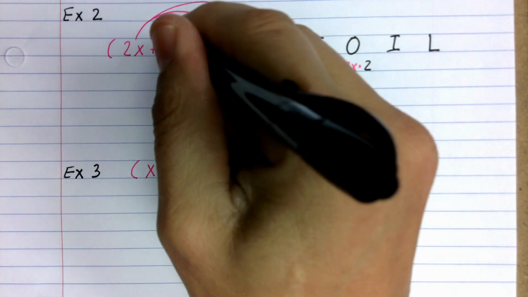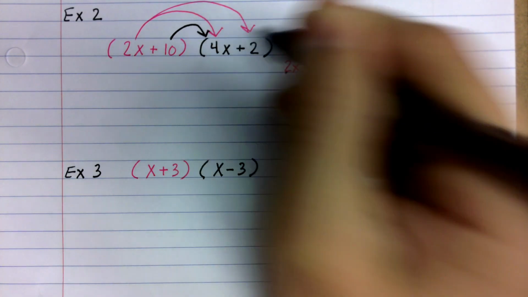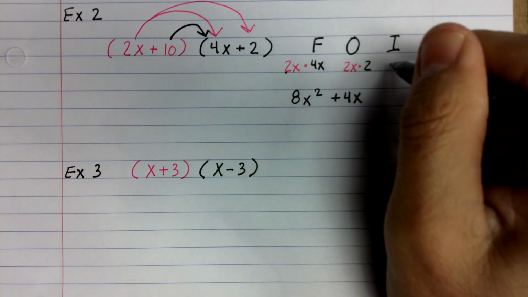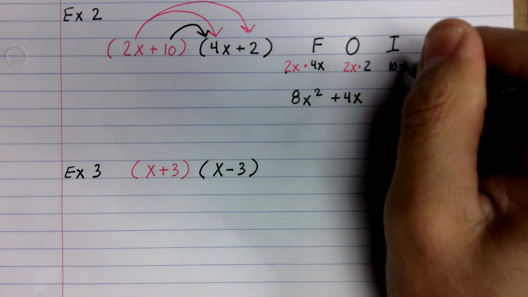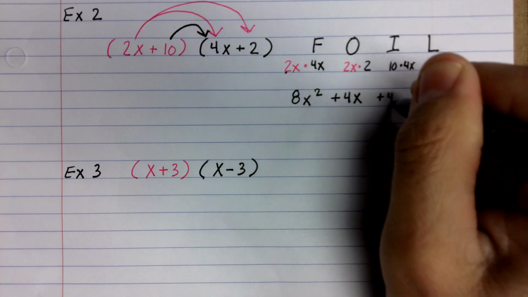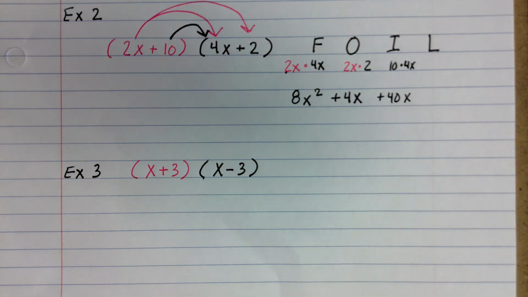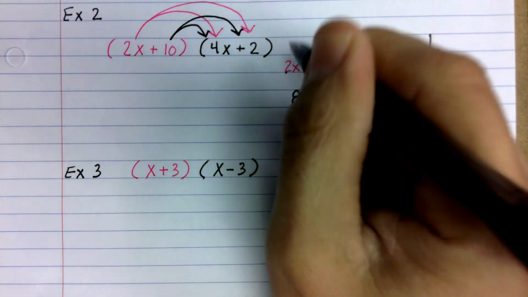Then for the next term, I'm going to take that 10, this is my inner, and multiply it to the inner of the other binomial. So 10 times 4x gives me positive 40x. And then for the last, I'll take this 10 and multiply it to the last term.